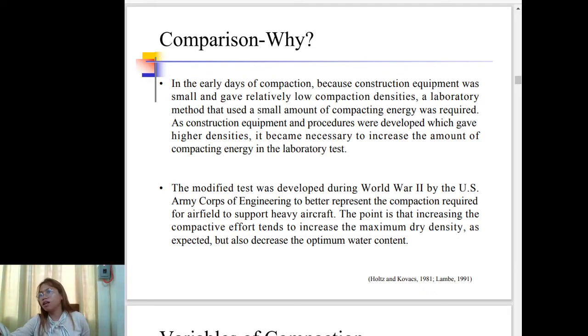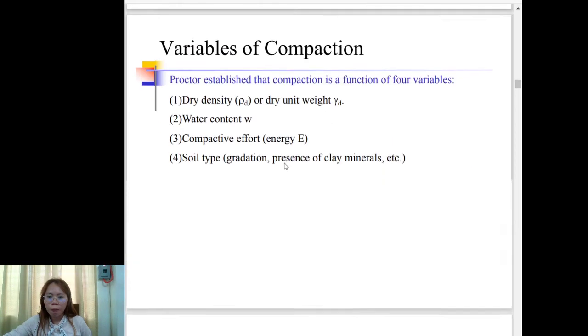So, then nagka-high tech, especially for aircraft nga bugat kaayo, so kinahanglan og compactive effort nga higher densities na, no? So kailangan og compactive effort nga dagko. So that is why na-develop ang modified compaction test, which is of higher compactive effort than the standard Proctor test.